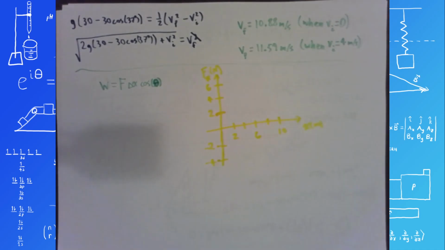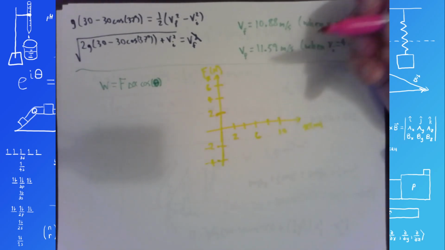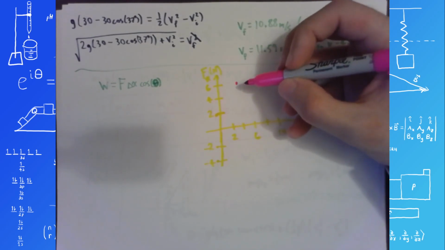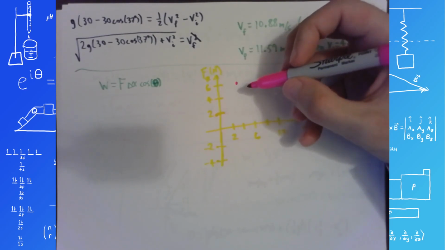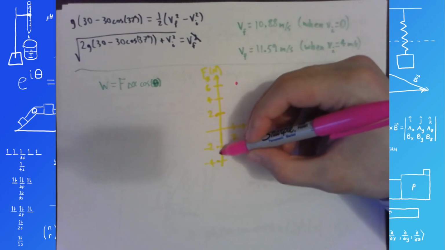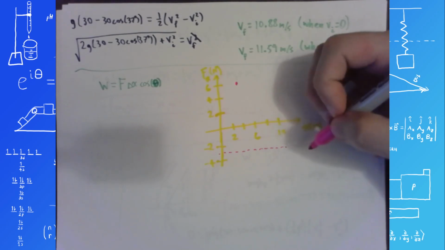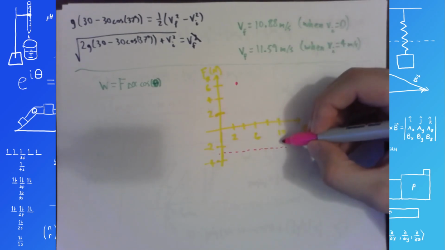Okay, and if we draw the graph, then the graph looks something like this. It peaks at 4, and it also has a sharp point at, let's see, that is between those two values. And that is at 10.